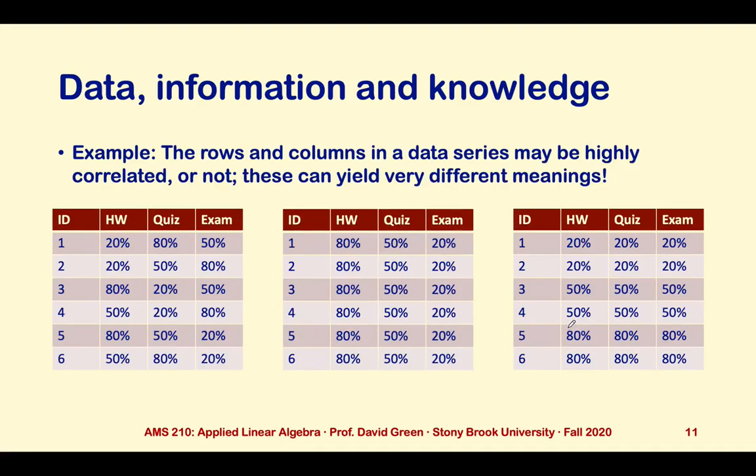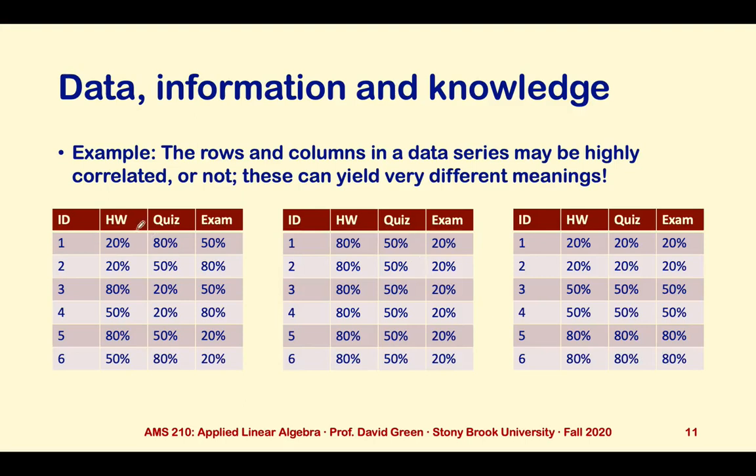Data in a matrix can also be organized in very different ways. The rows and columns may be correlated or they may not be, and these different structures of data in the matrix can lead to very, very different meanings. I've highlighted here 3 matrices that have the same set of data.